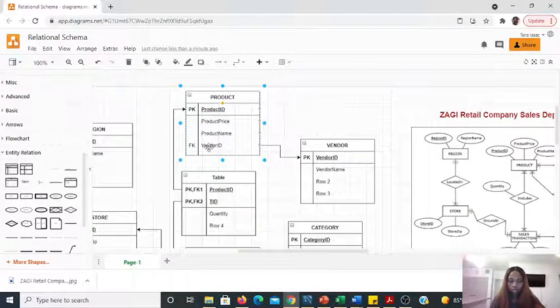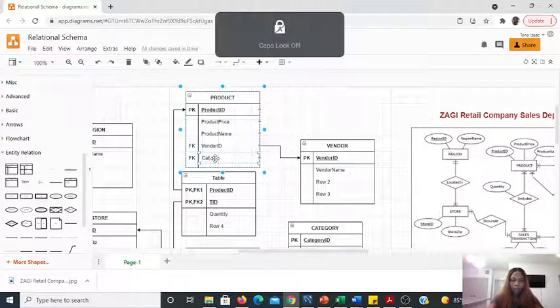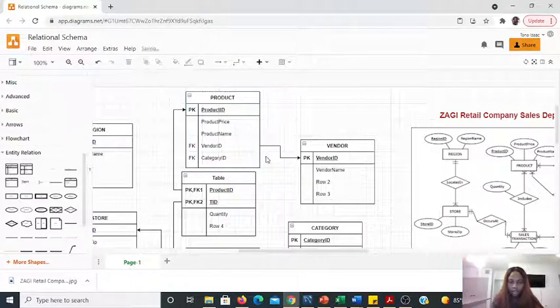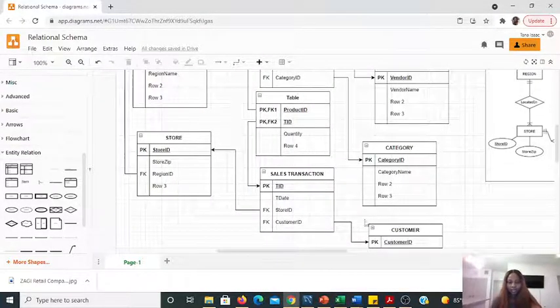In products, we will duplicate this, and we have category ID, which is our foreign key, referencing the primary key. So category ID references the primary key. Okay. So we have our relational schema right here.